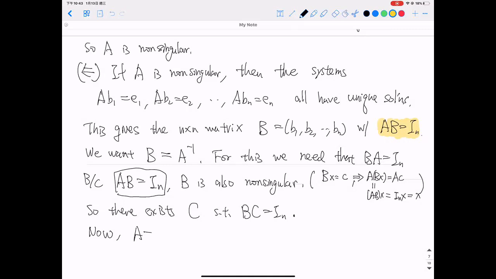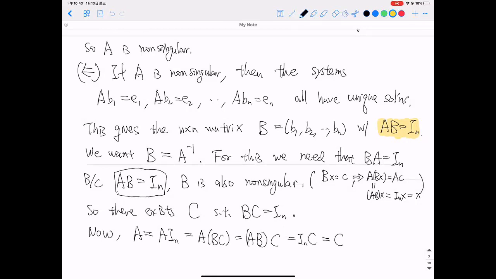Let's say A is A times identity. Identity is equal to BC. Now associativity tells you that you can write this as AB times C. AB is also identity.